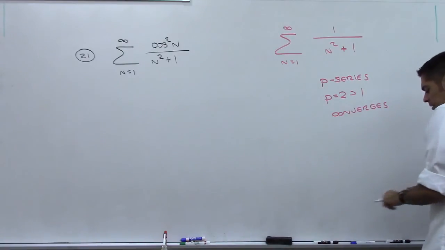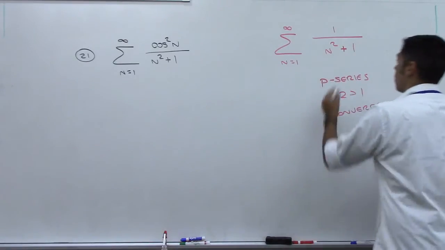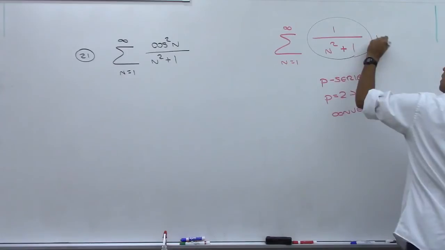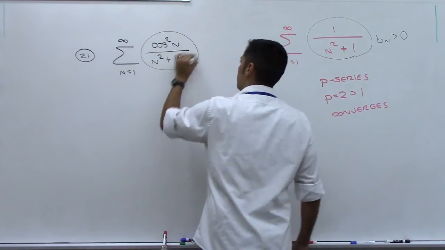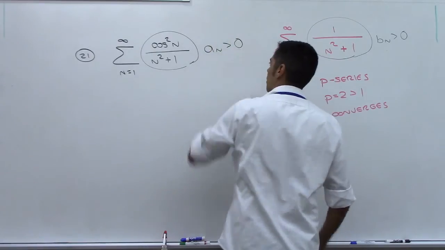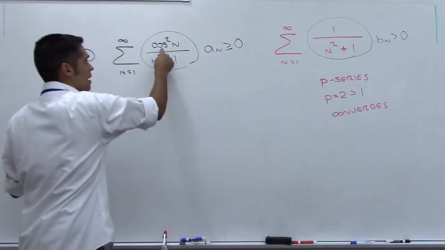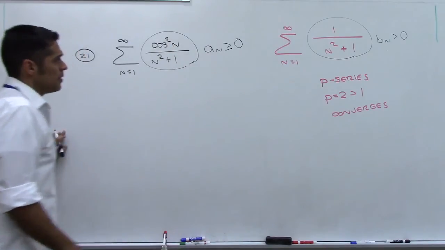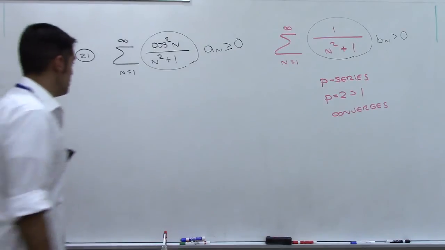So I'm going to be comparing the sequences to each other now and hoping to get an inequality to work out here. This is going to be my b sub n. It's greater than 0. This is my a sub n, and that's also greater than 0. Could also be equal to 0, depending on whether or not that cosine turns out to be 0 on top. But they're both non-negative, so we should be okay here.